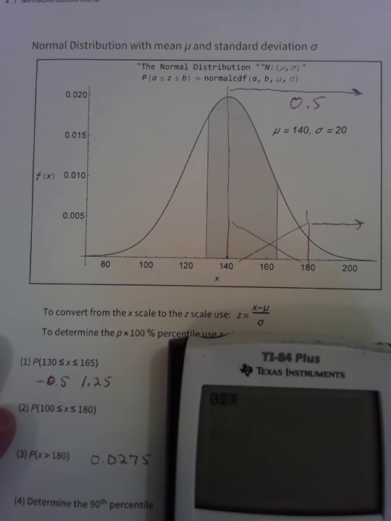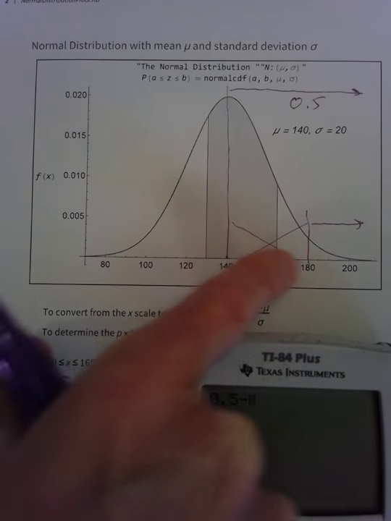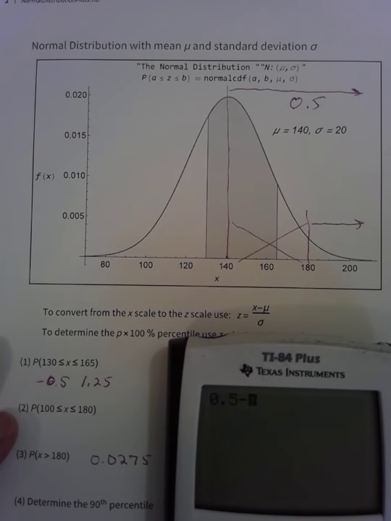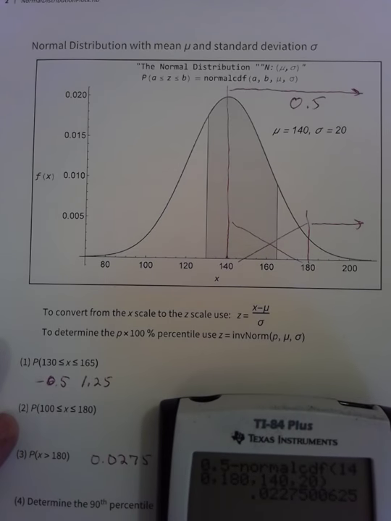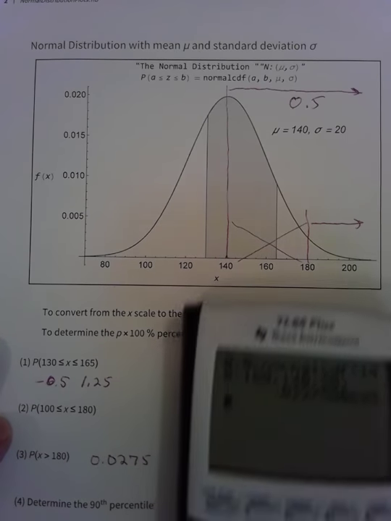So I take 0.5 and subtract the part I don't want, which is the part from the mean up to 180. And of course I get the same answer. About 2.28% of the values fall in that range.